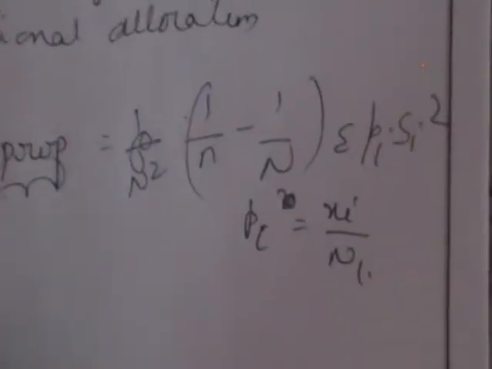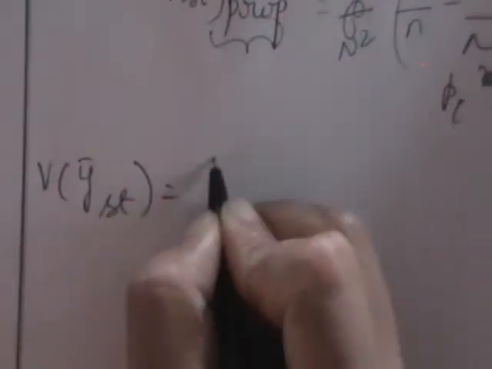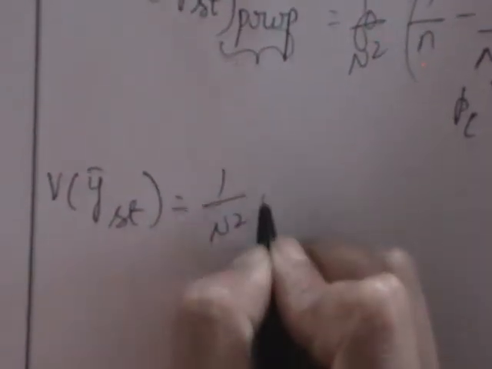So you have already derived the variance of y bar st. What is the variance of y bar st? 1 by N square sigma Ni into (Ni minus ni) by ni into si square.